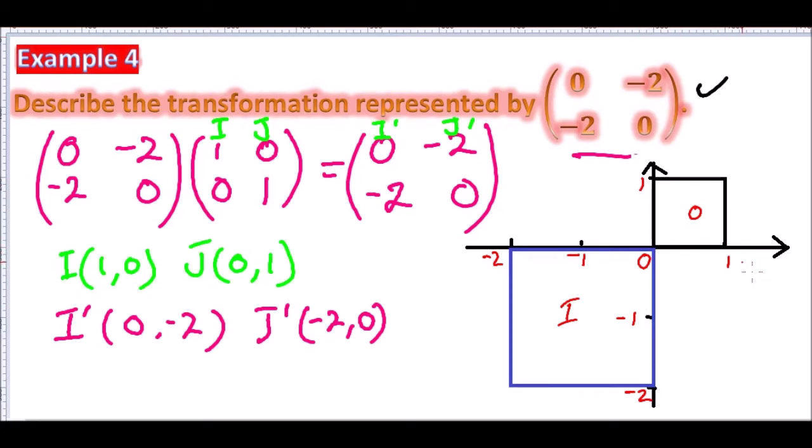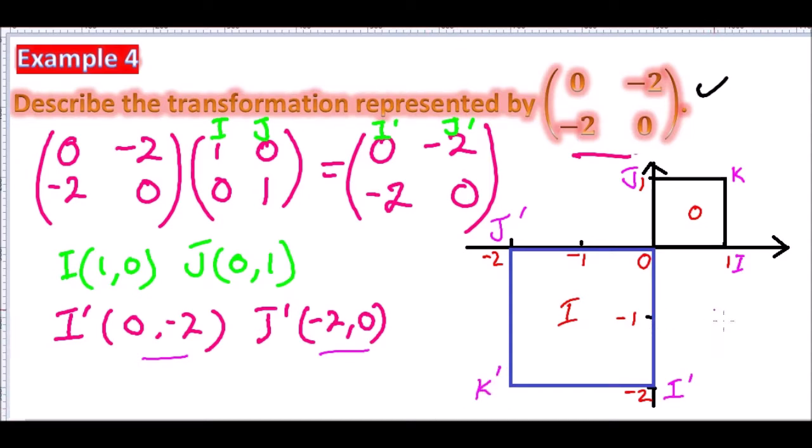This is where we have our I. This is where we have our K. This is where we have our J. The image of I is 0, minus 2. So this is where we have the image of I. This is where we have our J's, minus 2, 0. So this is where we have J prime. Of course, here we have K, the image of K.